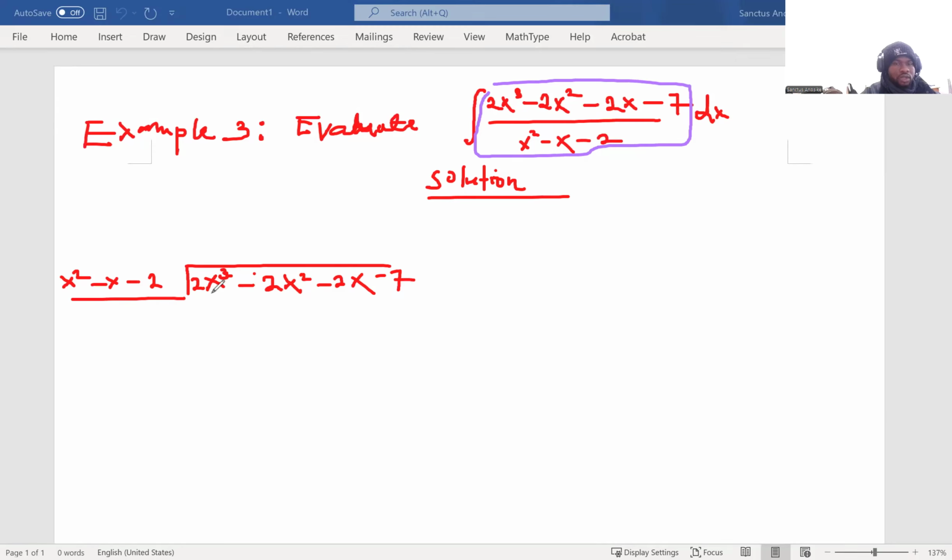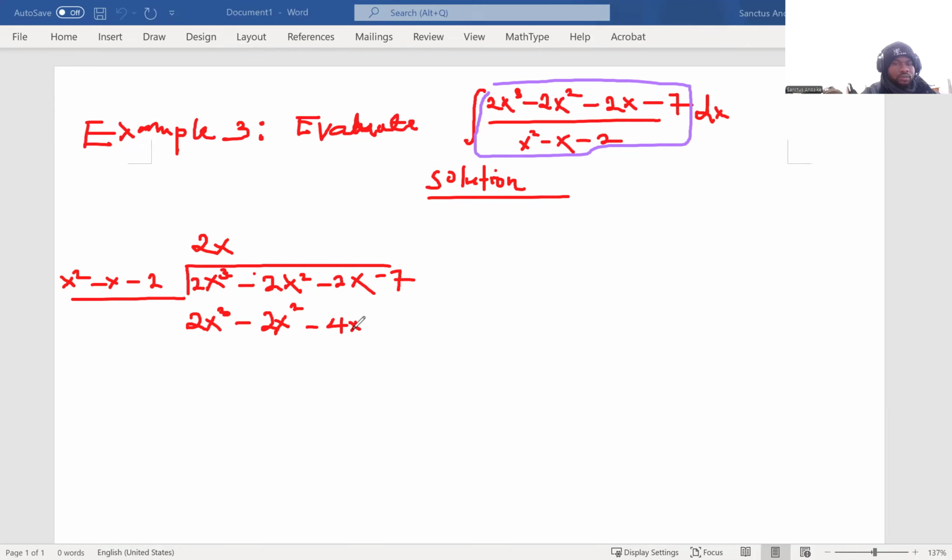Okay, so 2x cubed divided by x squared, we would have 2x. Then this multiplied by that, we have this back. Multiplying, we'll have minus 2x squared. Then this multiplied by this, we'll have minus 4x.